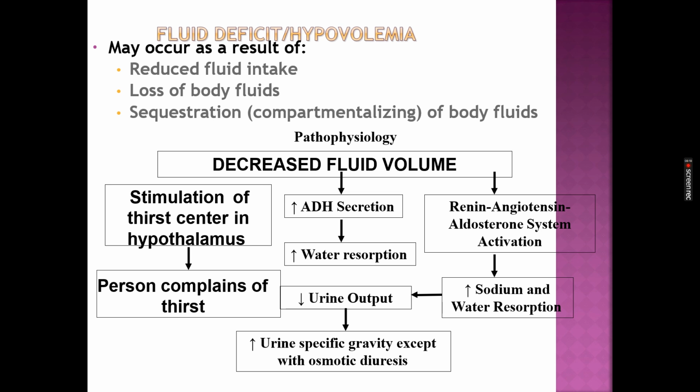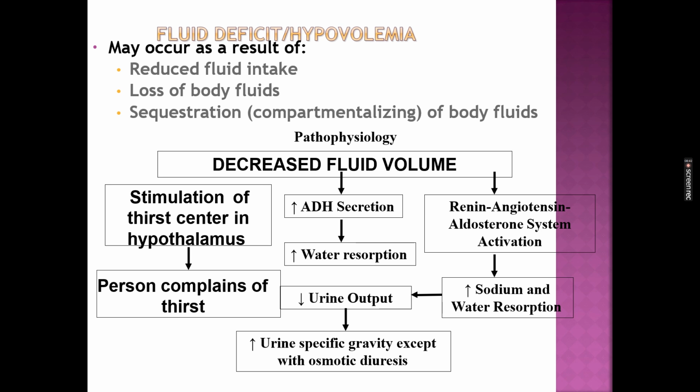What does it do? It does water retention. It increases the water reabsorption in the kidney by acting on the collecting ducts and reduces the urine output. It also helps maintain blood pressure regulation by vasoconstriction.